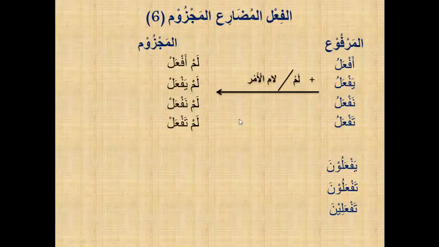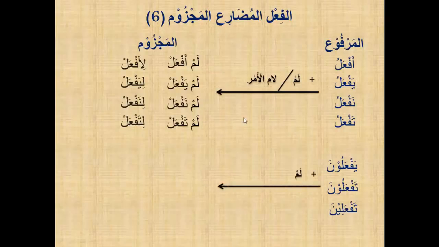When we add lam al-amr, the lam for commands, we get li af'al, li yaf'al, li naf'al, and li taf'al. When we add lam to yaf'aluna, taf'aluna, and taf'alina, we get lam yaf'alu, lam taf'alu, lam taf'ali.